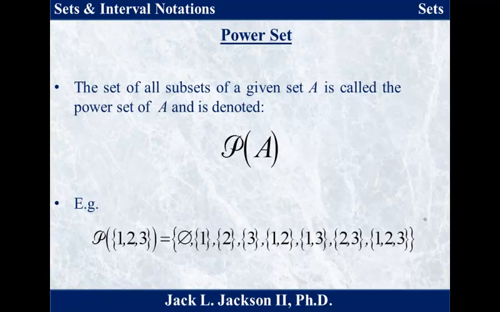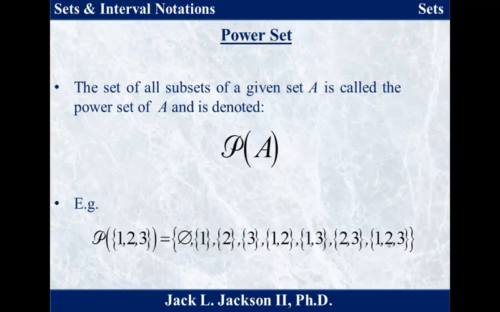The power set is the set of all subsets. So the power set of A, written with a script P and an A, is the set of all subsets of A. For example, the power set of the set {1, 2, 3} is itself a set, and the elements of this set are themselves sets. You always have the empty set, and you always have the set itself as subsets, but we have others here.